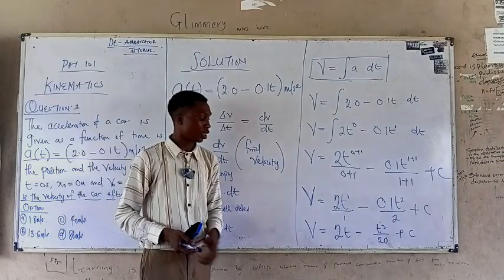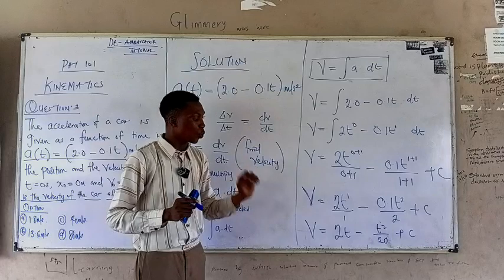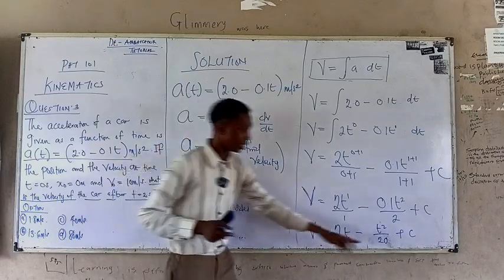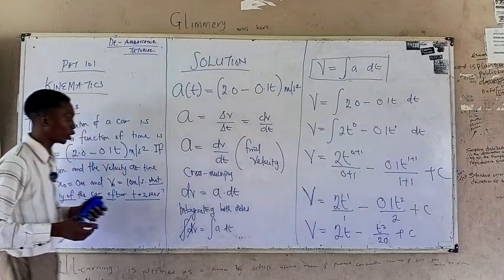So how do we solve this? I need to find my velocity, but I can't solve my velocity without knowing the value of my c. So how do we get the value of our c? Recall from the question.